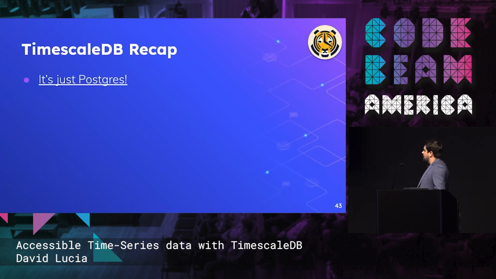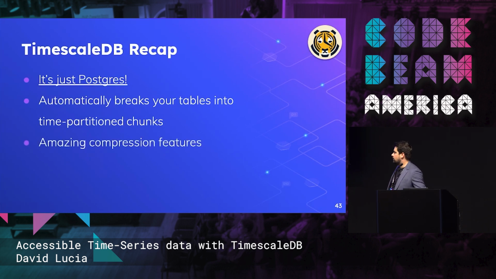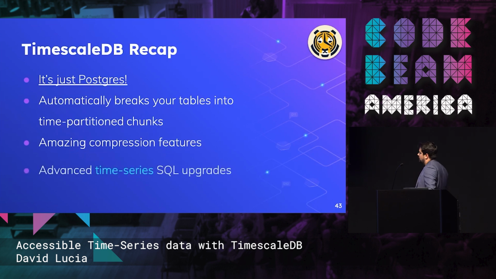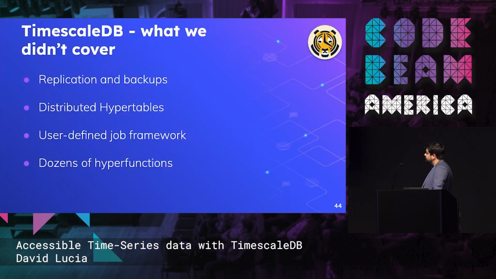All right, so let's recap. TimescaleDB, it's just Postgres. We get automatically time partition tables using chunks on hypertables. We get all these amazing compression features. We have advanced time series SQL upgrades and continuous and real-time aggregates. And it's just the SQL you're familiar with and use probably on a daily basis.